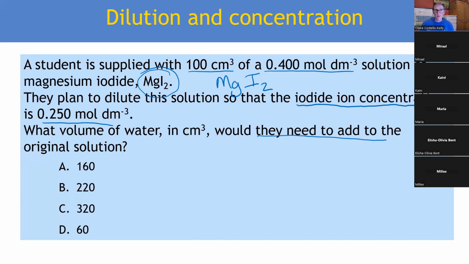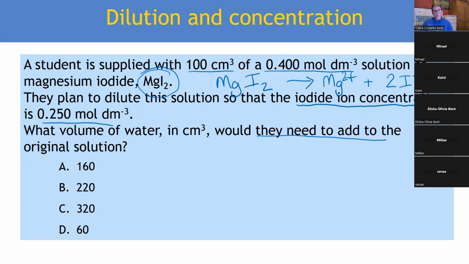All ionic substances break up into their separate ions when they dissolve. So when it goes into water, it is no longer MgI2. The magnesium ions go their separate ways. And then both of the iodide ions that were attached go their separate ways.